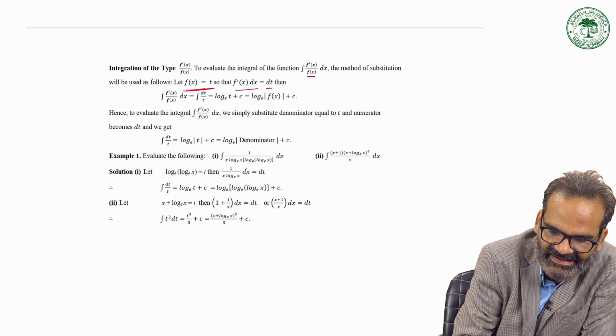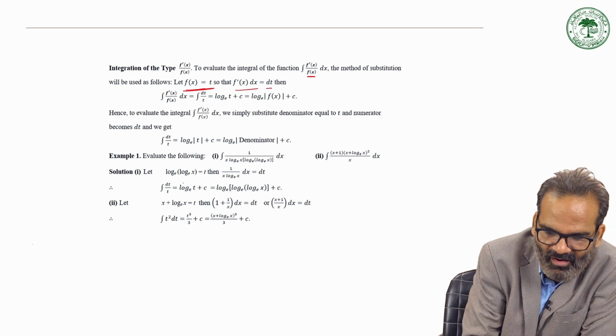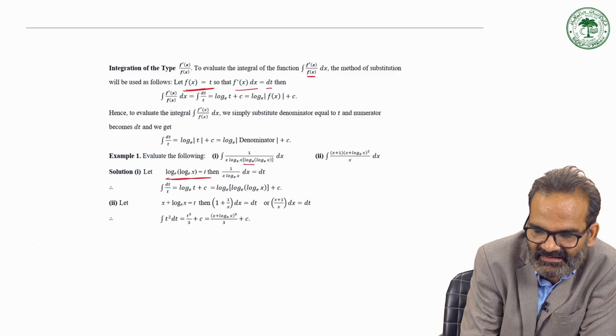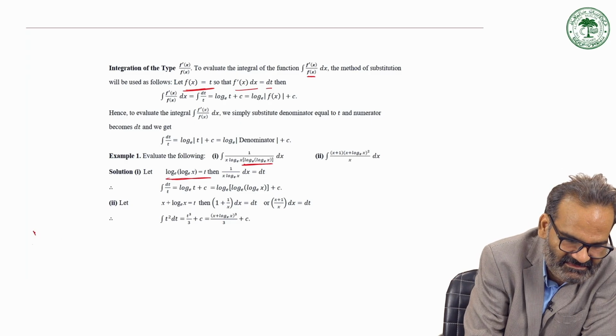So here if we take log of log x equal to t, this means we have taken this portion as t. Look carefully. So what will we get here? What is left? If this is t, then what is left? dx upon x log x. See this, t is taken as log of log x base e.